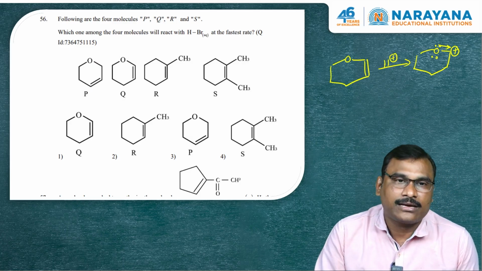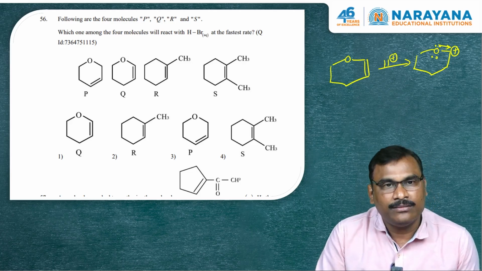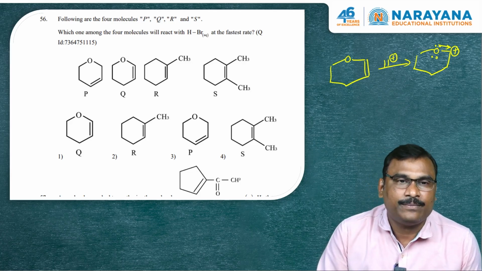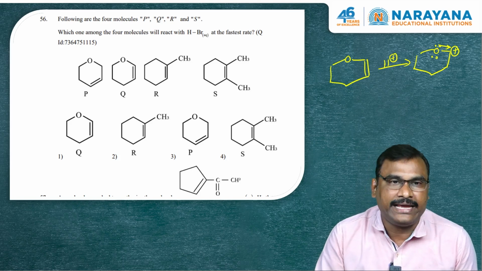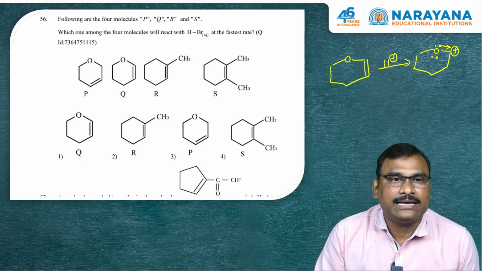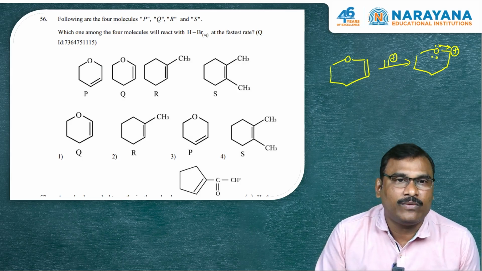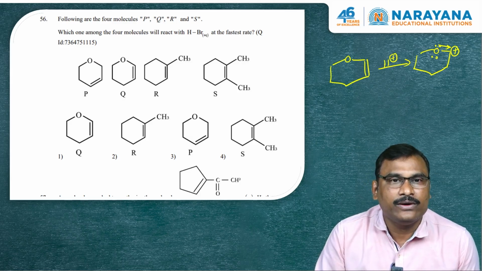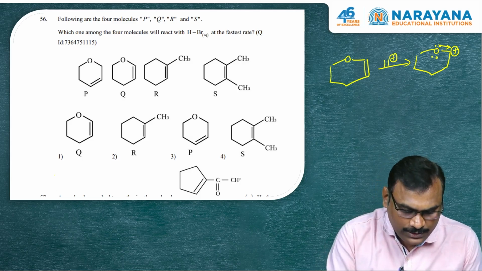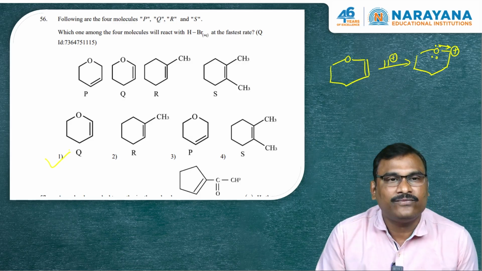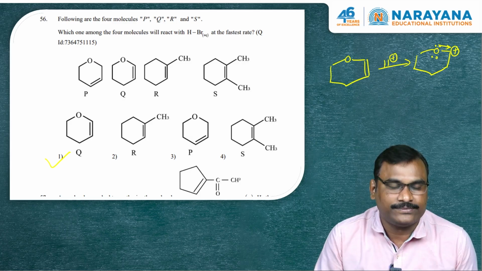In R, the carbocation generated is stable, but it is stabilized only by the plus inductive effect and hyperconjugation, and S is also the same. In Q only, the carbocation generated is the most stable one. So Q will give the fastest rate of reaction. So the Q containing option is 1. Therefore, the answer is 1.